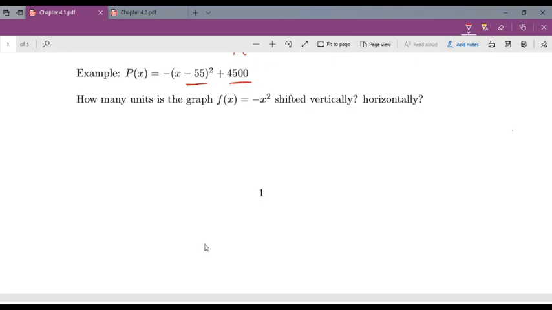So it's shifted vertically up 4,500 units, and it's shifted horizontally. Now, is it left or right? We've got a negative on the inside, which means it actually goes right.